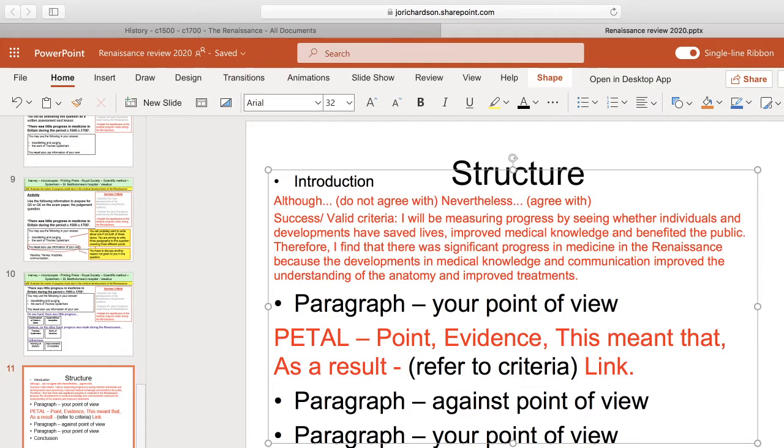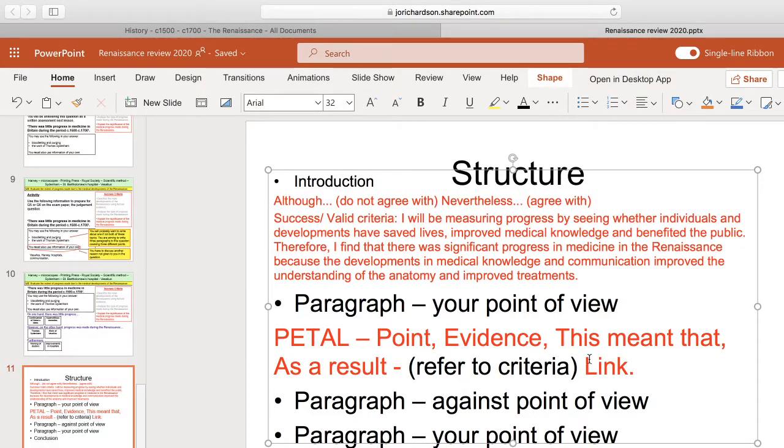This meant that people had a better understanding of the anatomy. As a result, this would have improved medical knowledge for student doctors who would then use that knowledge further to make more developments or use their understanding of the anatomy and dissection to give accurate treatments and surgery, whatever you want to say.